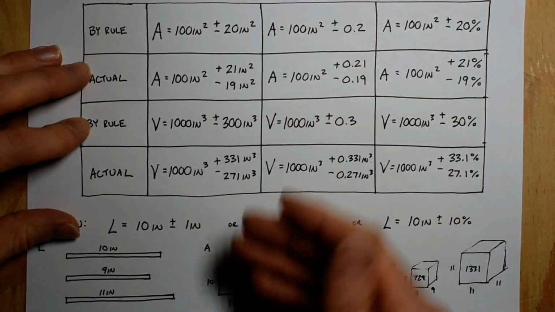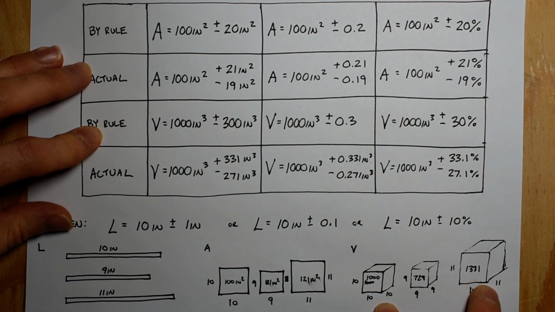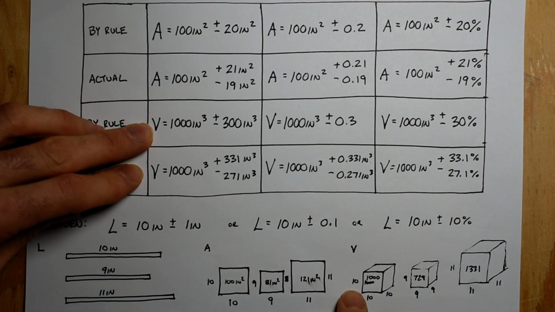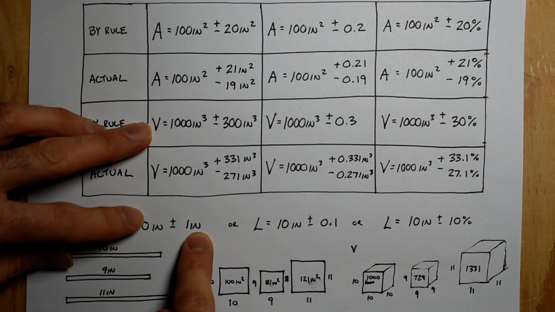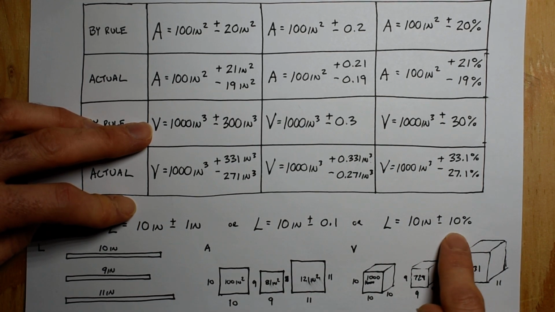And so this also shows up with volume. Let's just do it by rule. You're going to take this length, 10 inches plus or minus 1, and you have to convert it to a fractional or a percent uncertainty.